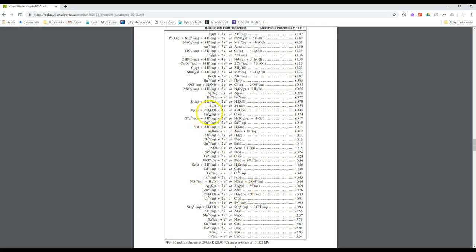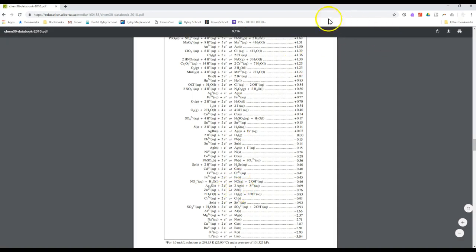And to find our copper, there's our copper ions and our solid copper. So if we look at just copper ions and zinc ions as our oxidizing agents, our copper is going to be our strongest oxidizing agent. If we look at solid copper and solid zinc as our two reducing agents, because the zinc is furthest down on the right, it's going to be our strongest reducing agent.